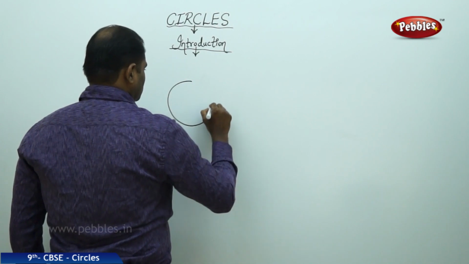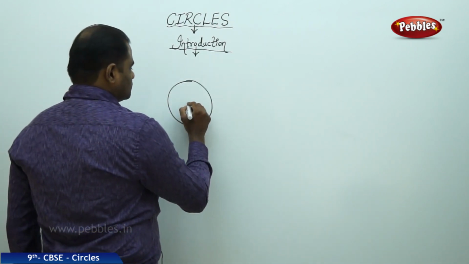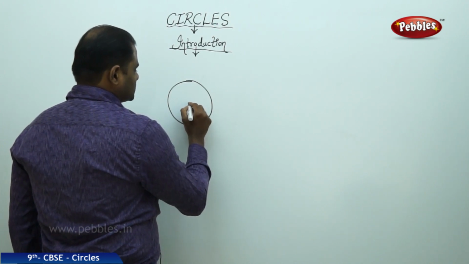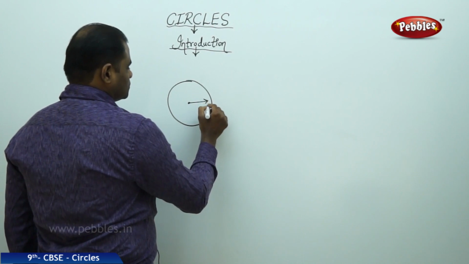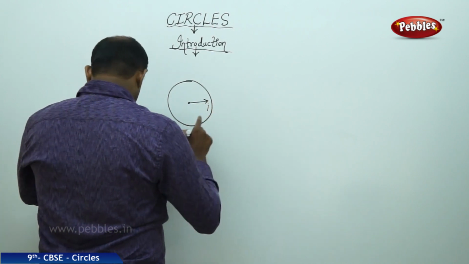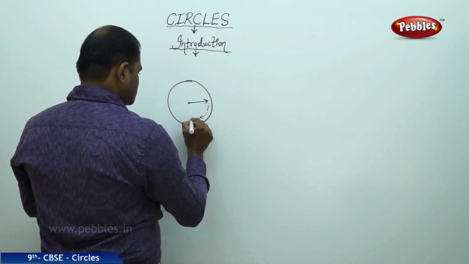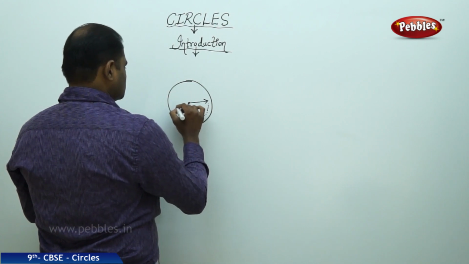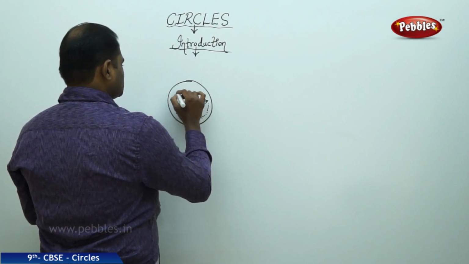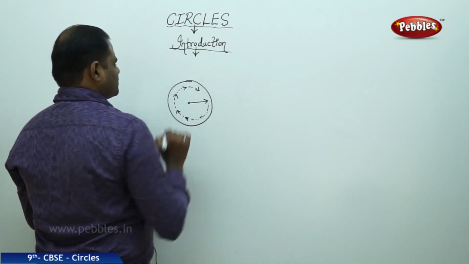Imagine I have a wall clock where my second's hand moves in this direction. It goes on and on.